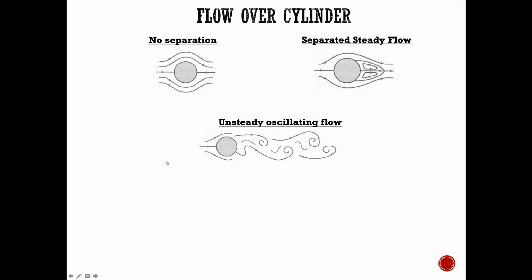One, classical, there's no separation. Then you have a separated steady flow with two recirculation regions behind the cylinder. In some cases, you also have an oscillatory flow, what we call the von Karman vortex street, where you have alternate shedding of vortices behind the cylinder.